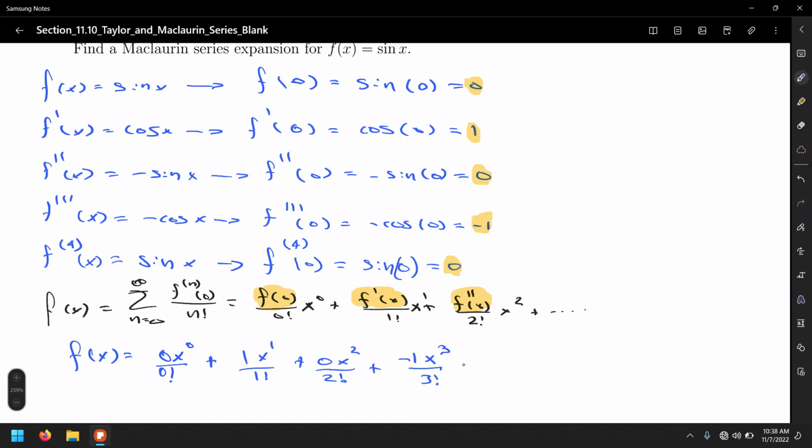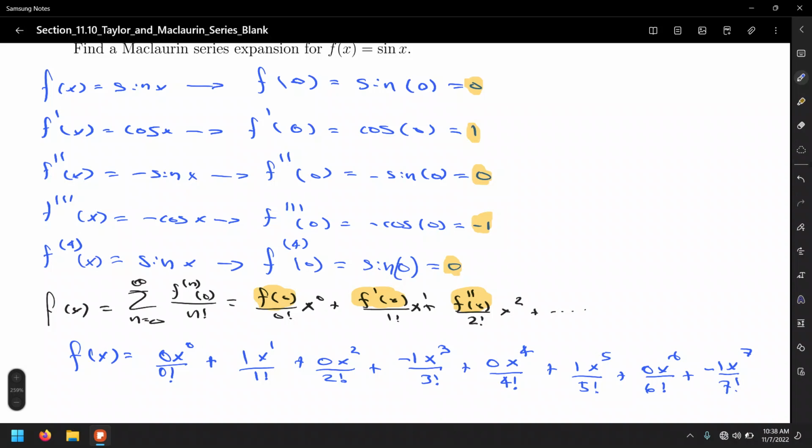And the next one would be plus 0 x to the fourth power over 4 factorial. Well, that's going to be 0. And the next coefficient would be, because this 0 is the same as this 0, a positive 1, plus 1 x to the fifth over 5 factorial, plus 0 x to the 6th over 6 factorial, plus negative 1 x to the 7th over 7 factorial.